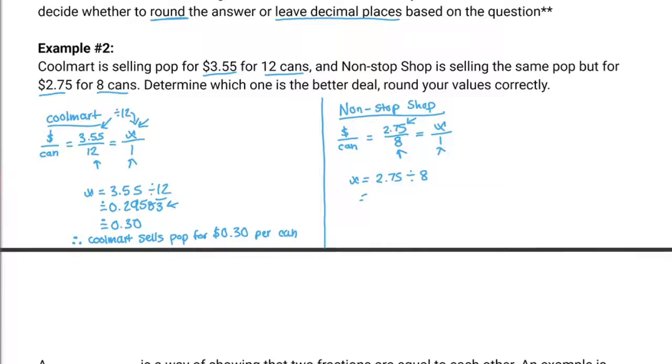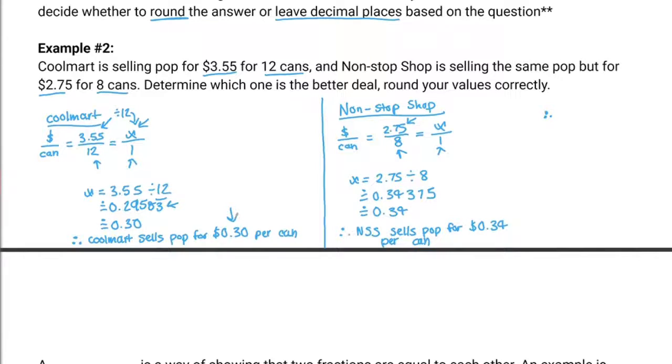And I get 0.34375. So again, let's round this to 2 decimal places since these are prices. And we get 0.34. Therefore, Nonstop Shop sells pop for $0.34 per can.